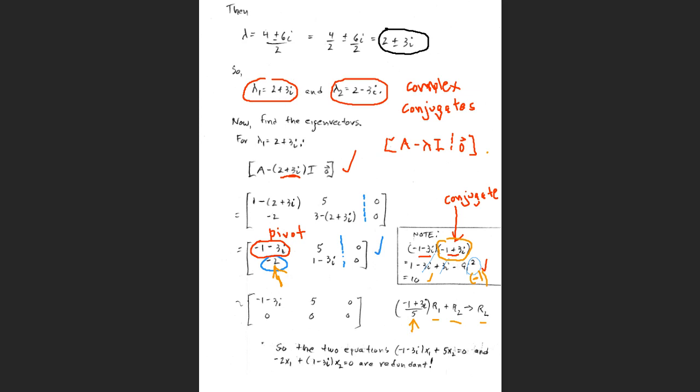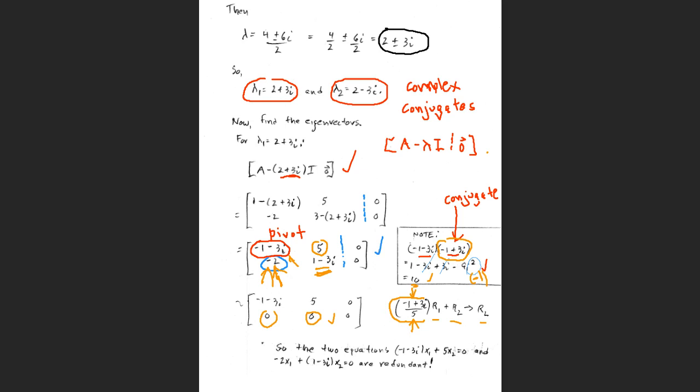So -1 plus 3i over 5 times -1 minus 3i will equal 2, because the 5 divides 10 into 2. And you add that to the -2 here, you'll get 0. And also, you're going to get a 0 here. If you take 5 and multiply it by this -1 plus 3i over 5, you're going to get -1 plus 3i. And you add that to this +1 minus 3i, you're going to get 0.